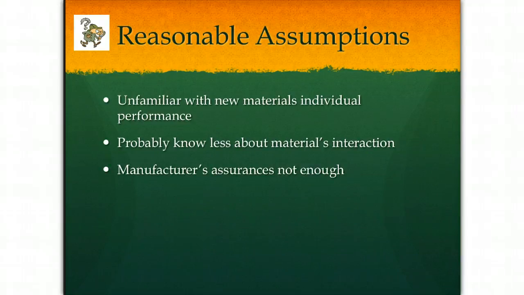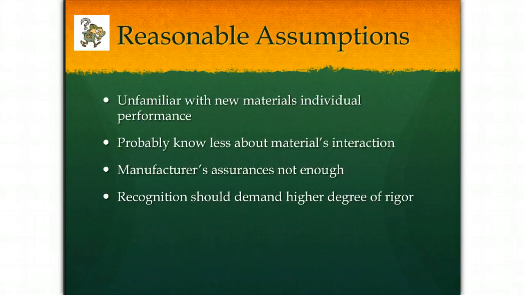The recognition of additional risk in the use of innovative products, especially in the envelope and heating, ventilation, air conditioning systems, by the development team should demand a higher degree of rigor in the evaluation of these products.